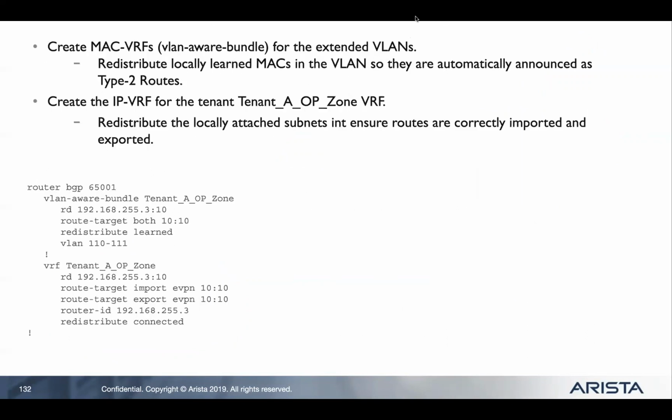And then again, the configuration related to BGP VLAN MAC-VRF config. So here VLAN aware bundle tenant, for this is the MAC-VRF, and we have the same RD and RT values for both the VLANs 110, 111. On the opposite side also it's the same, so for 112 and 113 you have similar RD and RT values, for VLAN aware bundle.